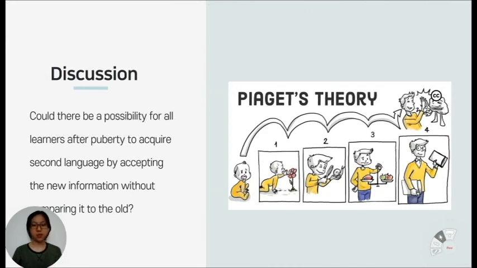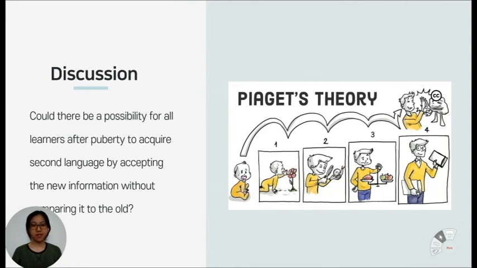I came up with this discussion question thinking that back when I was a high school student, there was this period where my brain could no longer process information that is new. So what I did was just accept every input without comparing it to what I have stocked in my head.